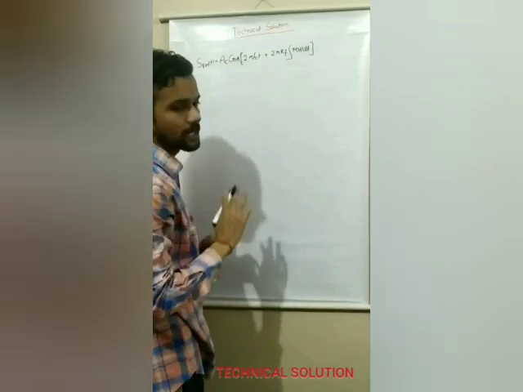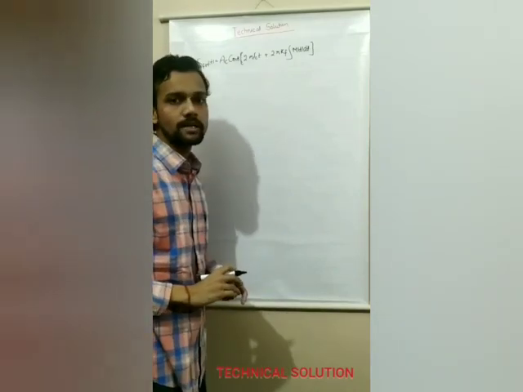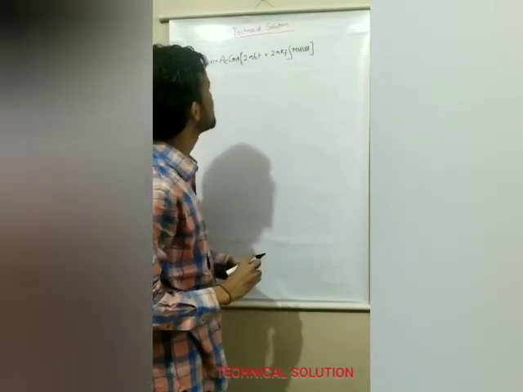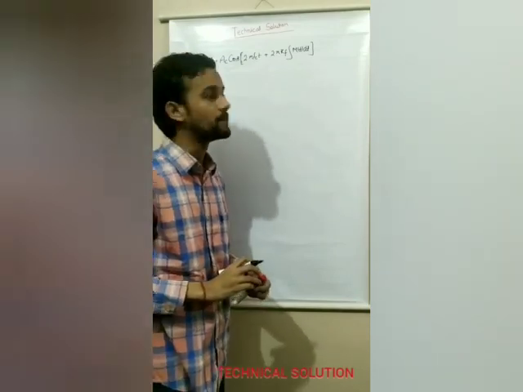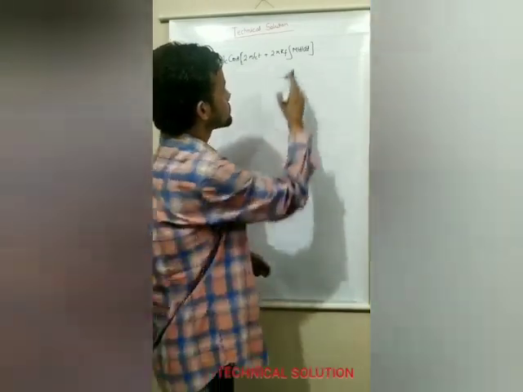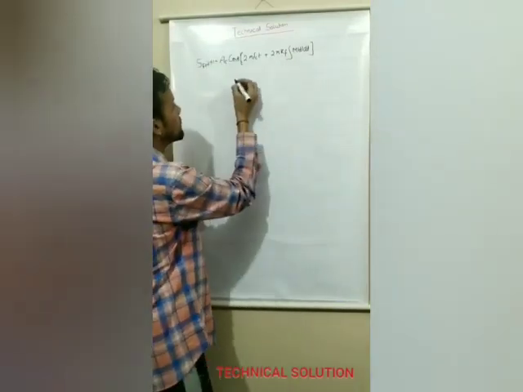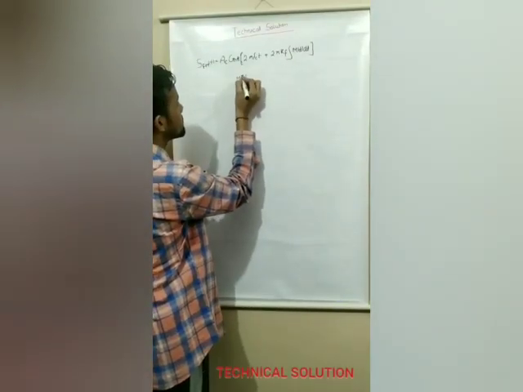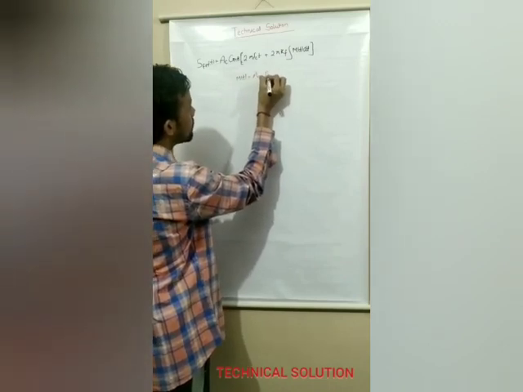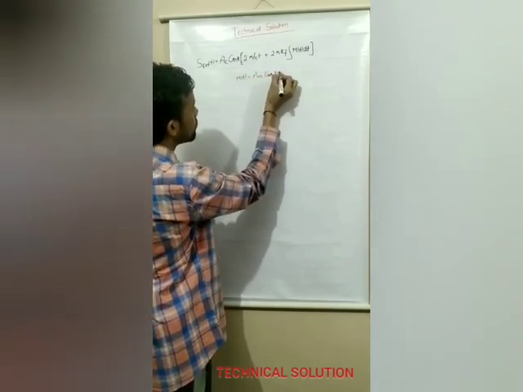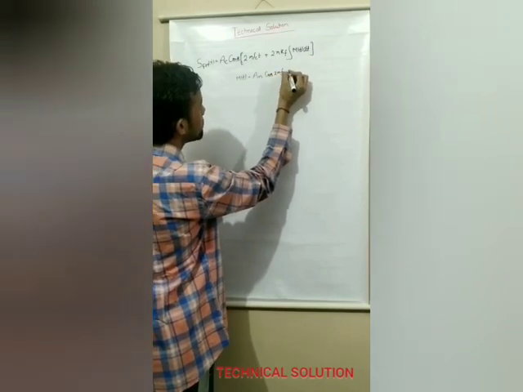This is the standard frequency modulation equation in which fc is the carrier frequency, Kf is the frequency sensitivity, and m(t) is the message signal, where the message signal m(t) is given as Am cos(2π fm t).